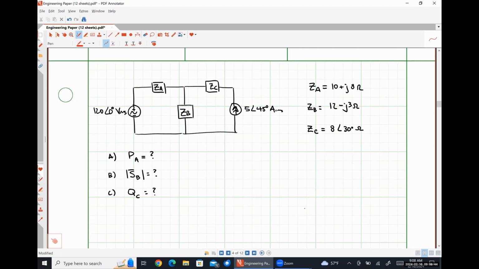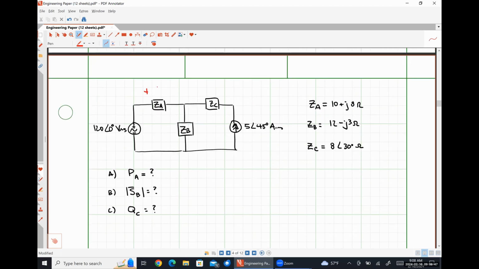So, I might possibly need the RMS phasor voltage drop across impedance ZA, the RMS phasor voltage drop across impedance ZB, and the RMS phasor voltage drop across impedance ZC, which I'm choosing to represent with positive polarity on the right instead of positive polarity on the left like the other ones. Should be kind of obvious why, based on the direction of the current, but anyway.